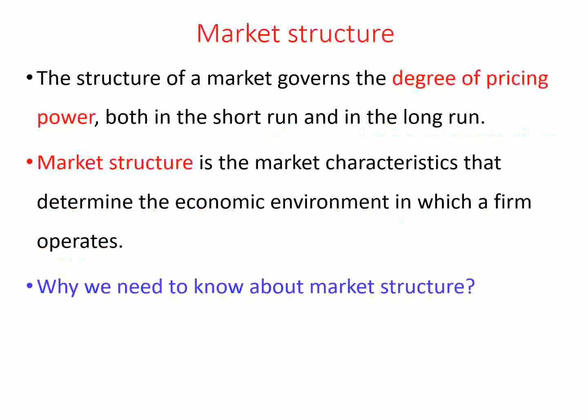This is the main point, because the degree of pricing power is determined by the structure of the market, both in the short run and in the long run. Market structure is the market characteristics that determine the economic environment in which a firm operates.